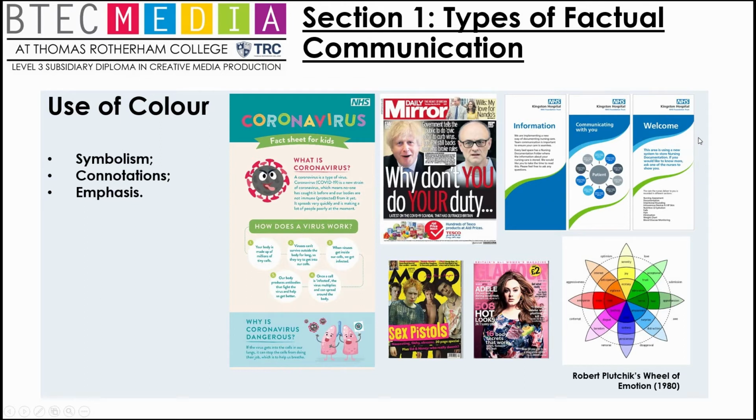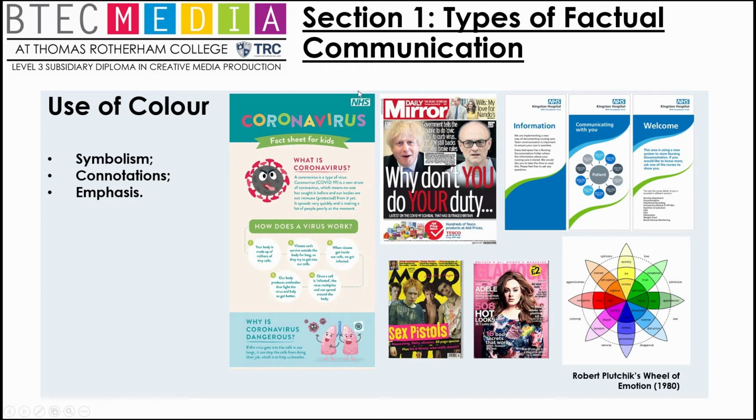I'd find it very hard to believe that if you were making an NHS leaflet on the dangers of, I don't know, heart condition or something, you would have loads of really loud, aggressive red colours on there, because it looked like it was shouting at you, and it's probably more likely to bring on a heart attack. It's very nice, it's very calming, it's very relaxing. Those colours have been specifically chosen because of what they symbolise. Very nice, very peaceful, very natural.